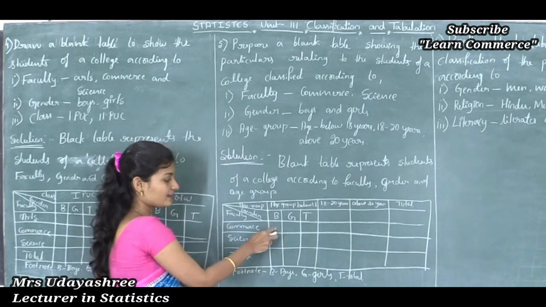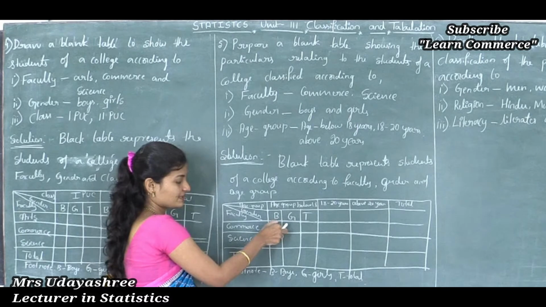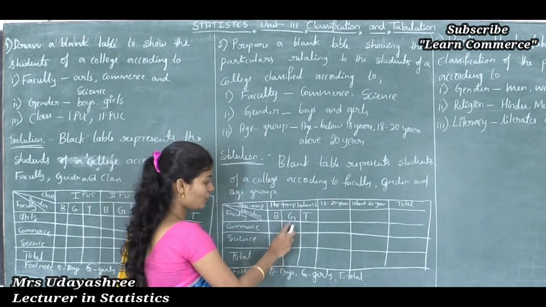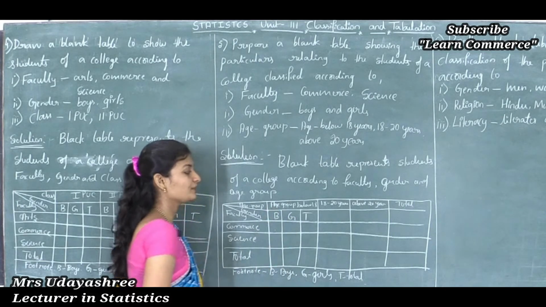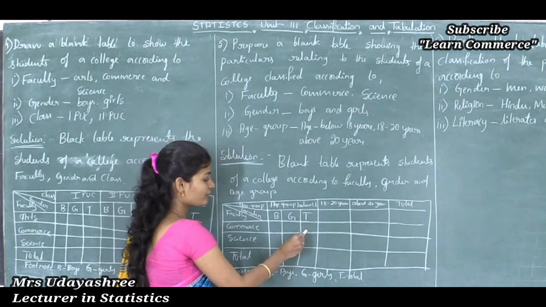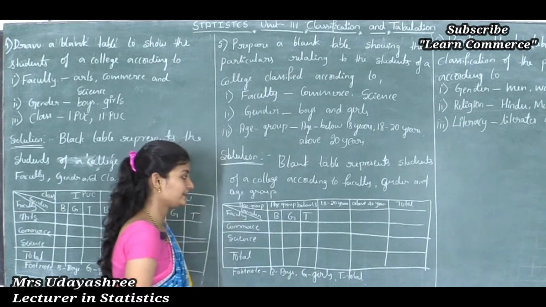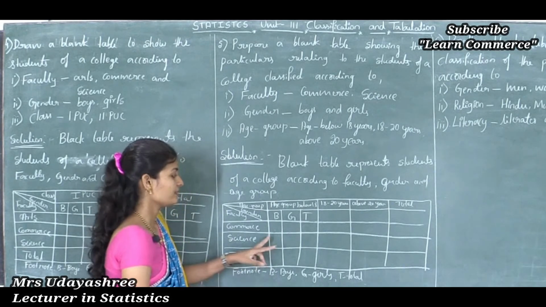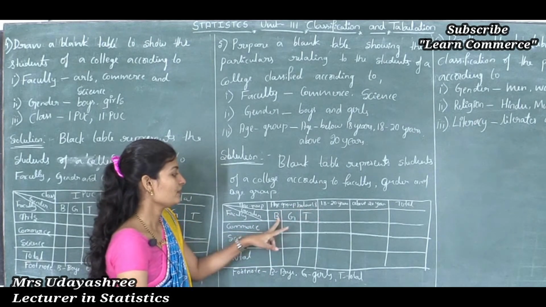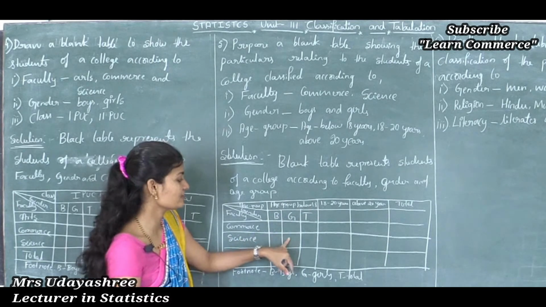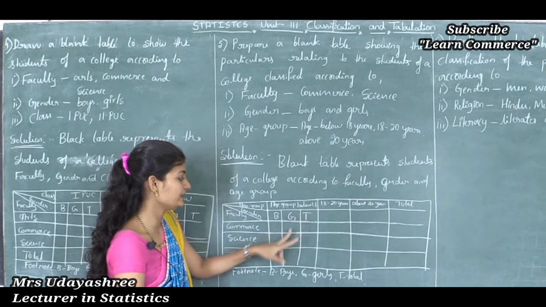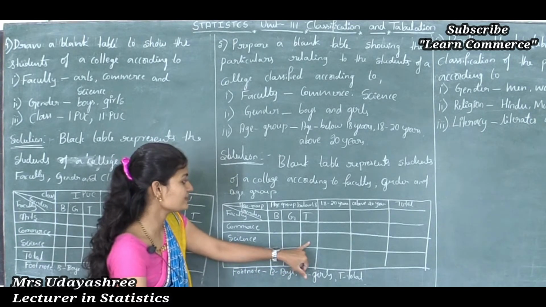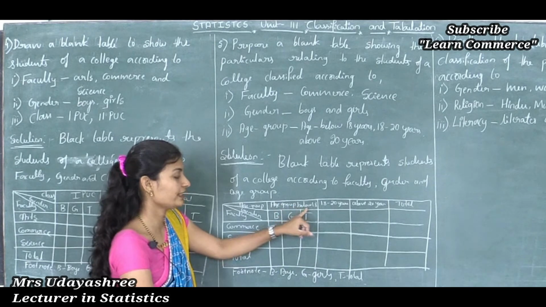See, this cell indicates the commerce boys of age group below 18 years, and this is commerce girls of age group below 18, and this is the total number of students below age group 18 in commerce. Next, this cell indicates age group below 18 science boys, then this cell indicates age group below 18 science girls, and this column indicates the total number of science students of age below 18 years.